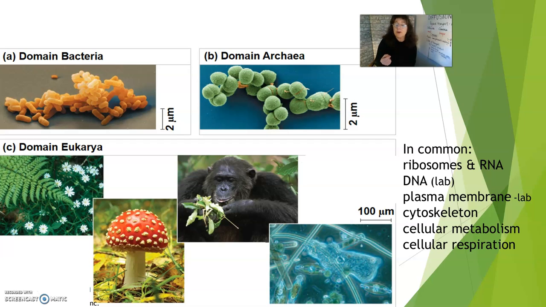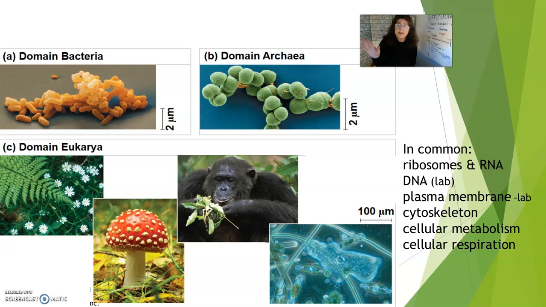Things in common include ribosomes and RNA. You might wonder why I put that first. There's a reason. Second up is DNA, which you've studied in a lab already for DNA extraction. And third up, they have a plasma membrane. All of them have a plasma membrane. You looked into that last week with the lab, or 2 weeks ago with the lab.